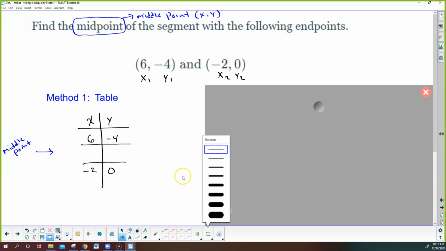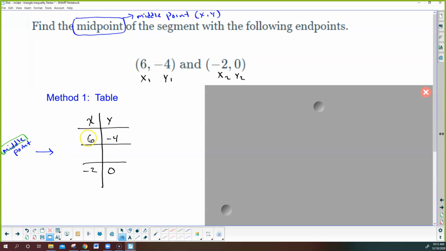Okay, well, let's take a look at this and let's really focus on the word middle. Well, think of just your x's. If I go from 6 to -2, what did I do? I ended up subtracting 8 total points, right?